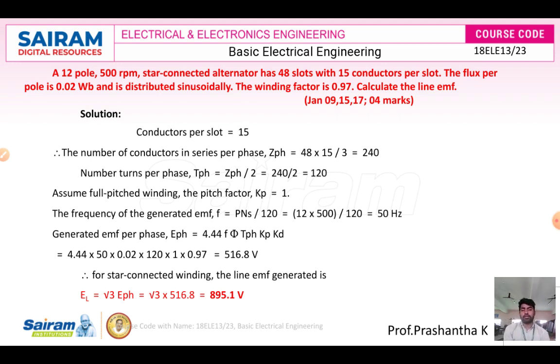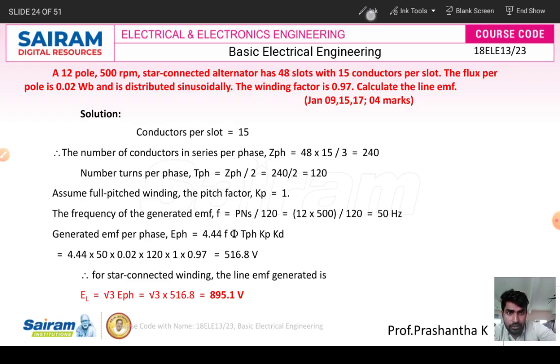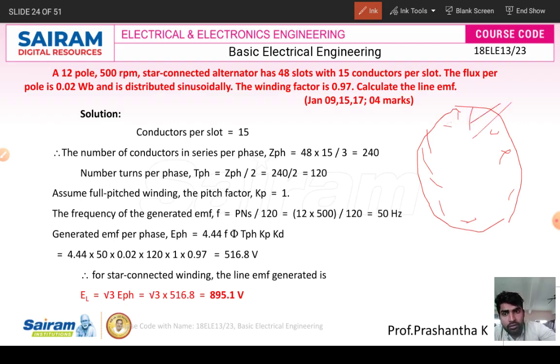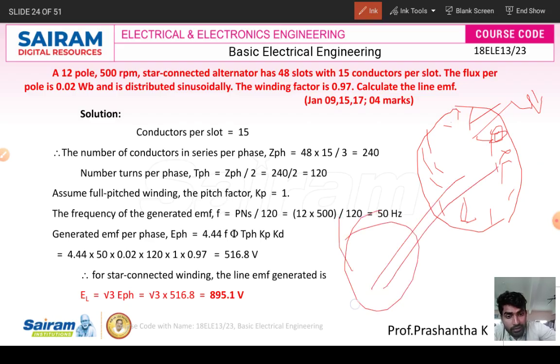See, this is the alternator having 12 poles and rotating at 500 rpm. I'll show you the diagrammatic representation. This is the alternator having 48 slots, each slot consisting of 15 conductors, and the turbine rotates at 500 rpm.